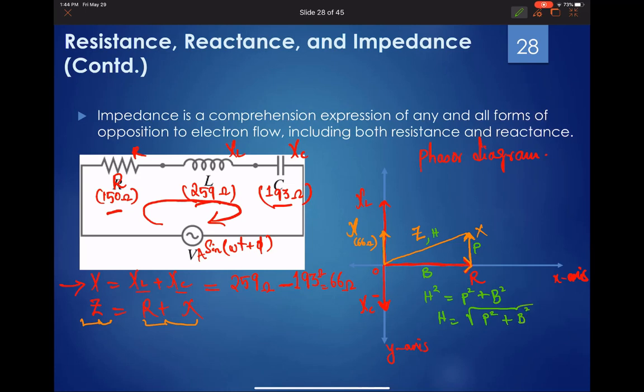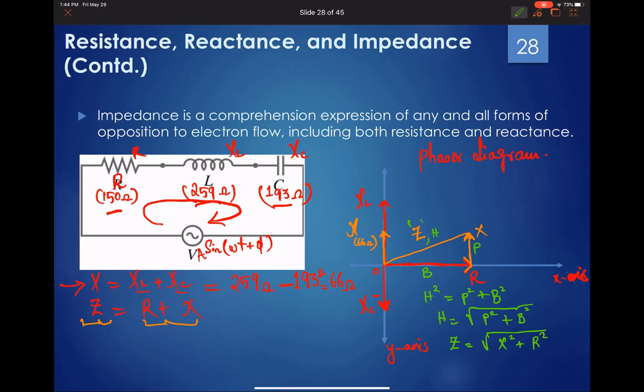In this equation, I'm now going to replace h with Z, because h represents the impedance, equals the square root of p, which represents the total reactance, X squared, plus the base, which represents the resistance, R squared.